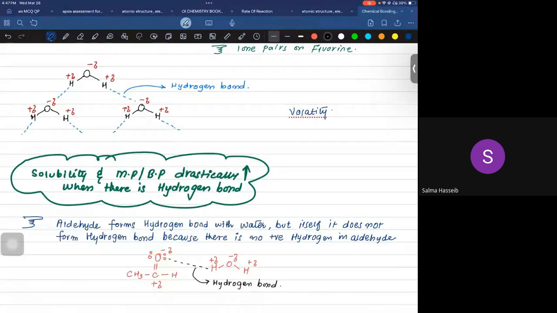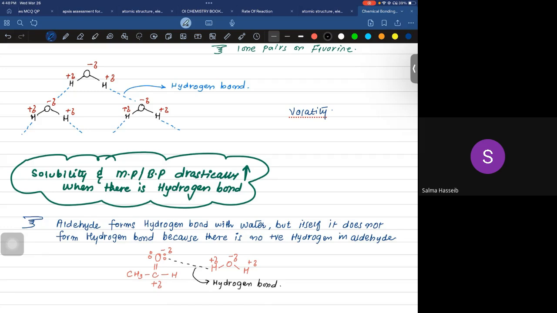When there is a stronger intermolecular force, the thing would be less volatile. It's not going to evaporate, because the attraction is higher. And if there is a weak intermolecular force, I can say it would be more volatile. Remember, it would be more volatile.